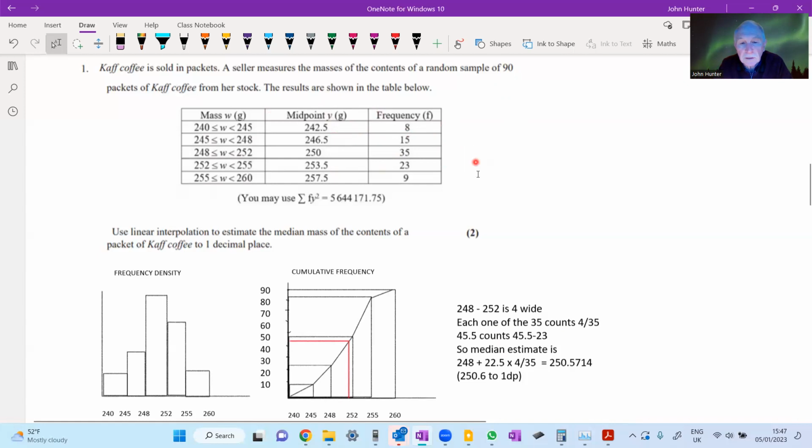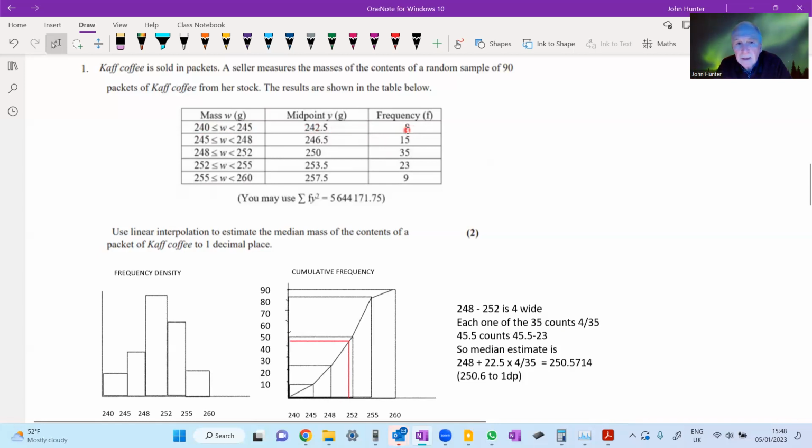We're assuming that these 8 are evenly spread amongst this group here, so there are as many near to 240 as there are to 245, and so on. It's basically just evenly distributed.